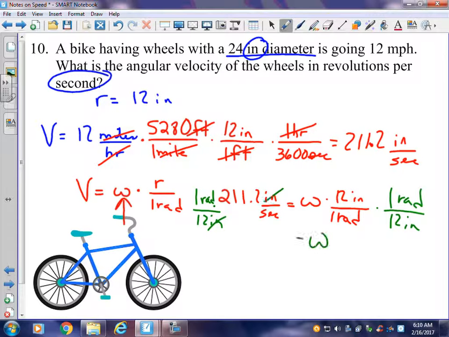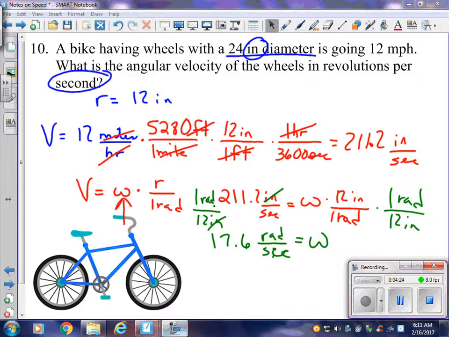So omega is going to be equal to radians over seconds once we figure out what this divides out to. Divided by 12 comes out to 17.6. Now 17.6 is the radians per second.